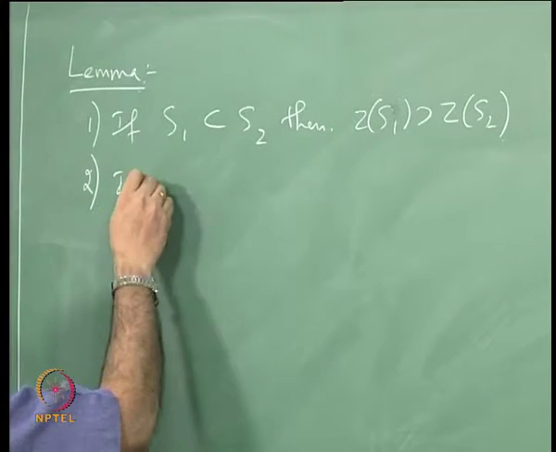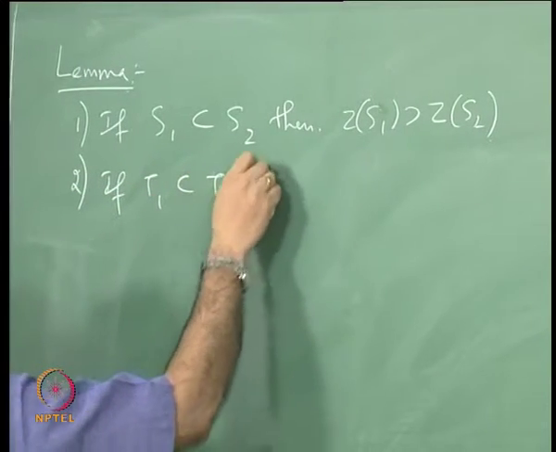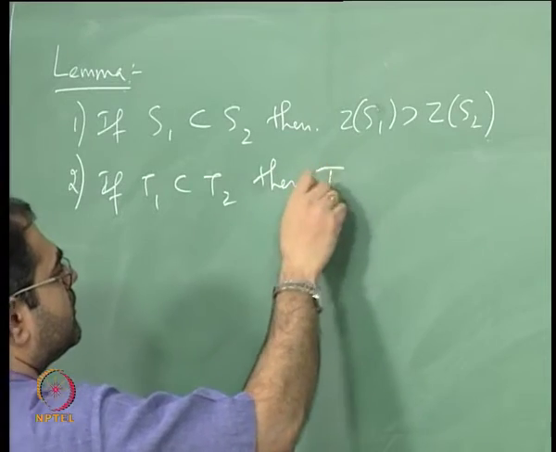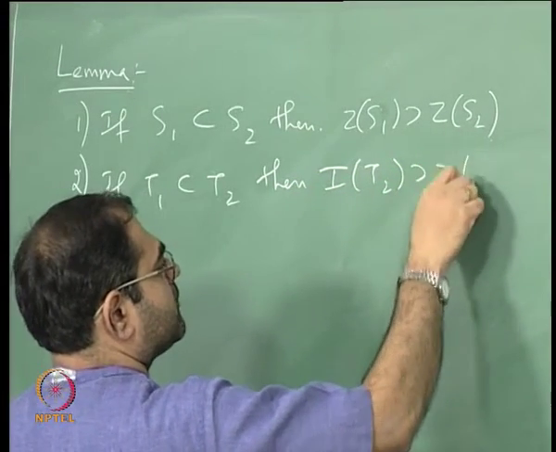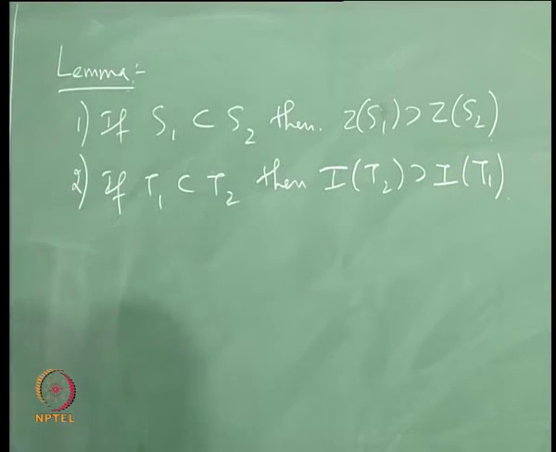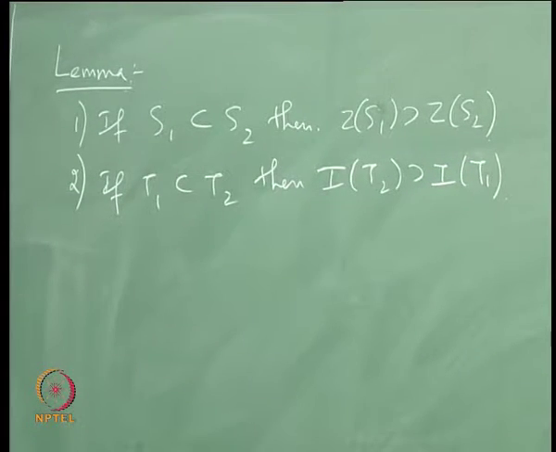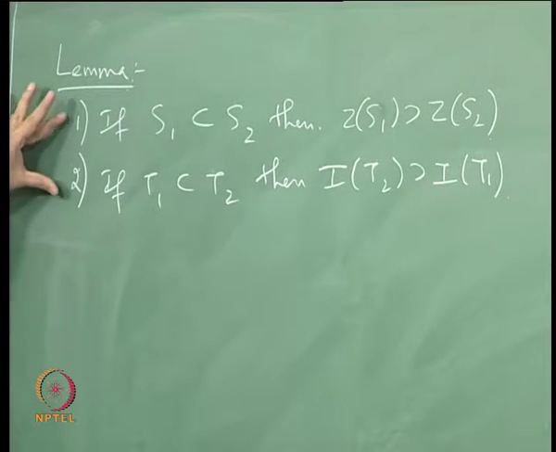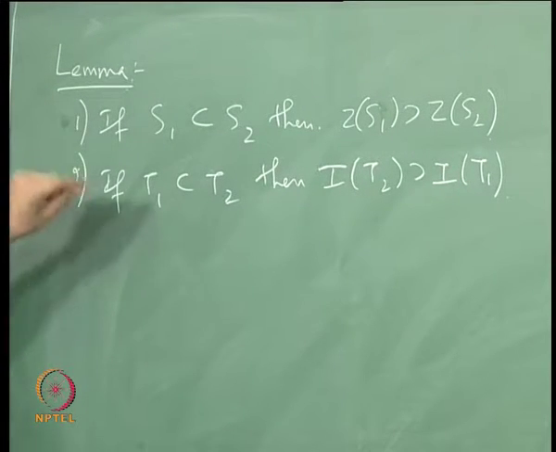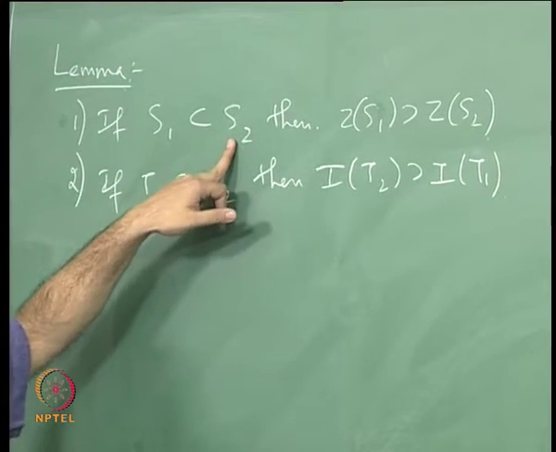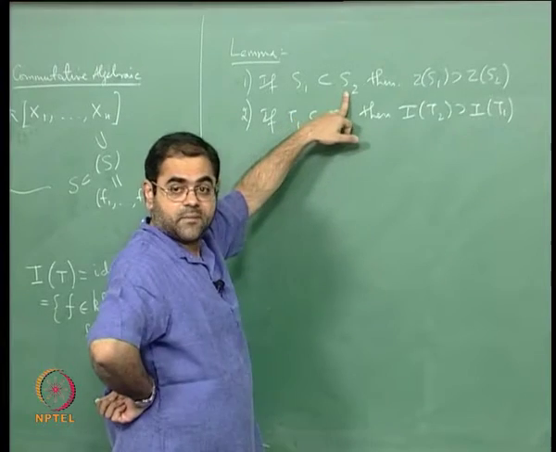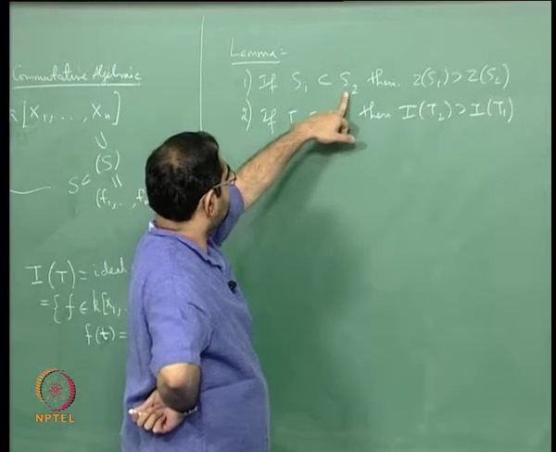If T1 is contained in T2, then ideal of T2 contains ideal of T1. Okay, so if you look at it, it's pretty easy to understand. You see, if you start with S1 inside S2, probably I'm making a mistake somewhere. Okay, I'm making some obvious mistake.